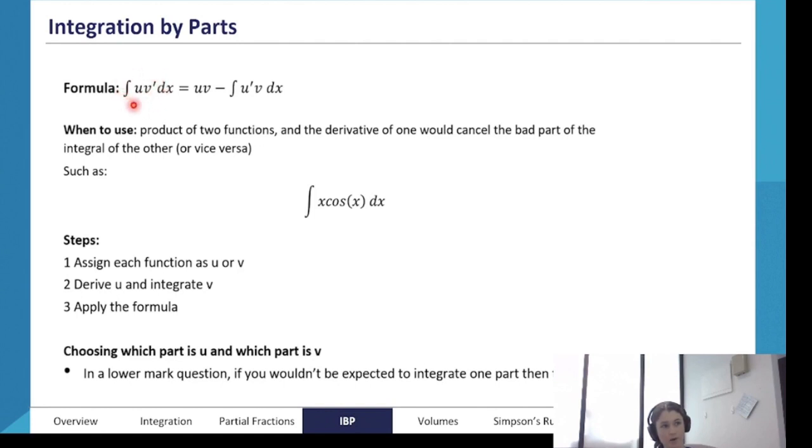So what we're saying is that in our integral, one of the functions is going to be u, and one of them is going to be v dash. And then in our formula, we need v, so we need to integrate this v dash to get to v, and we need to derive u to apply u dash in our formula here.